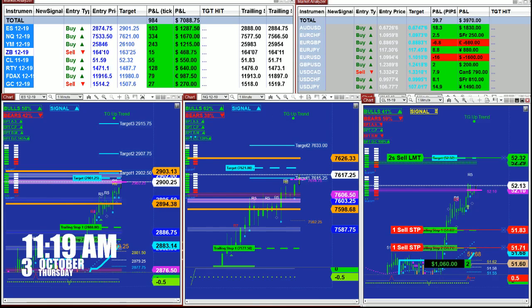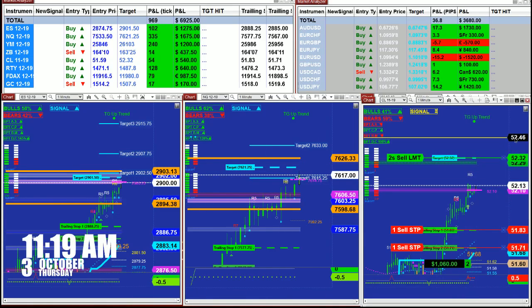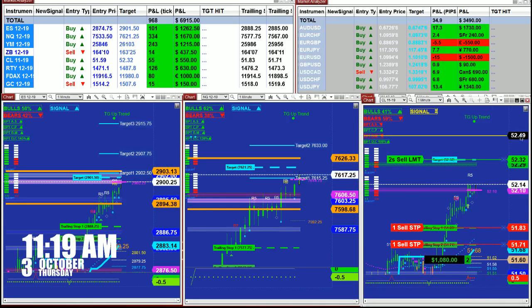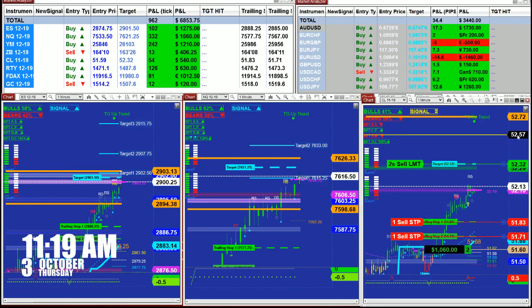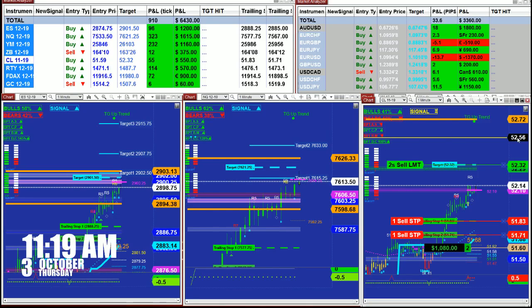It looked like the market started picking up again because the ES started getting new numbers. So let's give it one more chance, if we want to climb to the 52.30 projection. There we go. Very interesting.